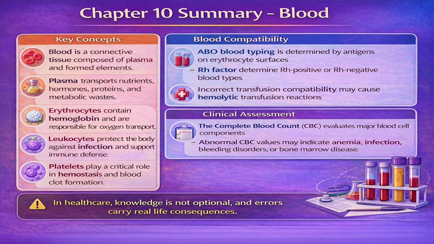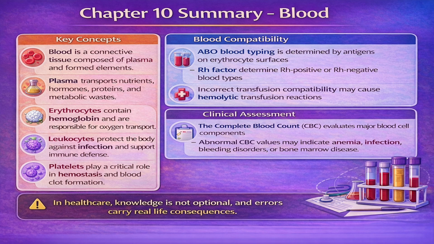Erythrocytes contain hemoglobin and are responsible for transporting oxygen to tissues. Leukocytes function as part of the immune system and help protect the body against infection. Platelets play a critical role in hemostasis, allowing blood to clot following vascular injury.